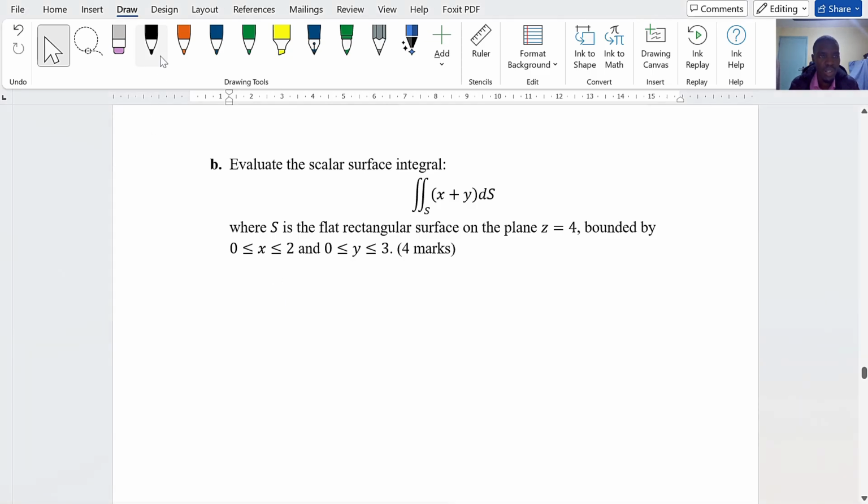Now, first, let's parameterize our curve as usual, the way we did the line.